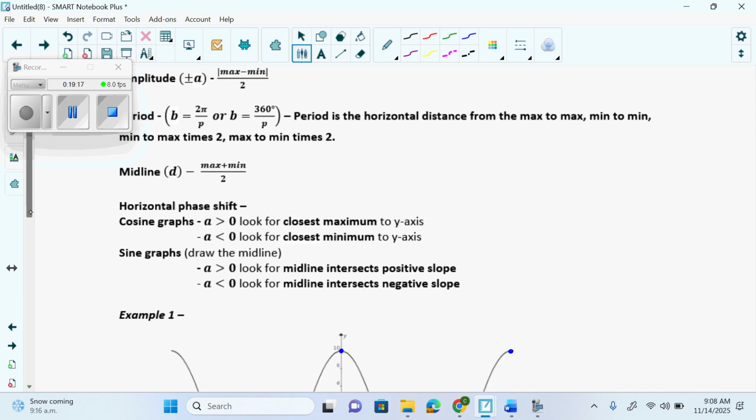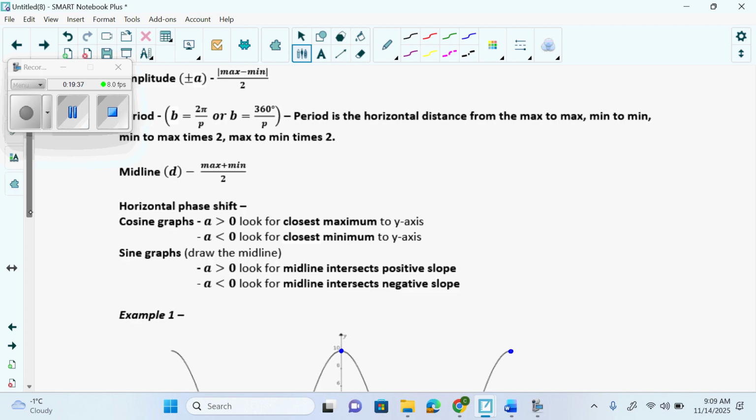The midline is the line that cuts the graph in half. You could call it the mean of the graph. It's the average of the graph, right? It's the average between the max and the min. So if I gave you two test values, and I asked you for the average, what would you do? Add them up, divide by 2.